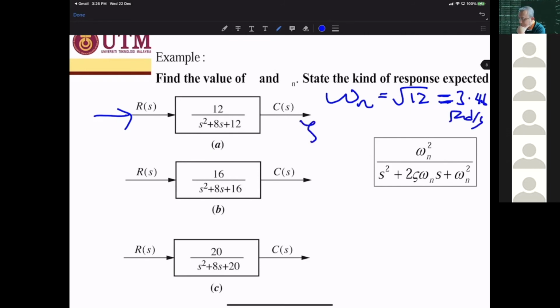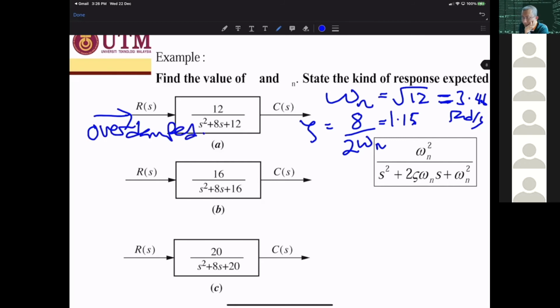Zeta? 1.15. So what category? Over damped. Nasib baik boleh letak berdiri atas kursi.